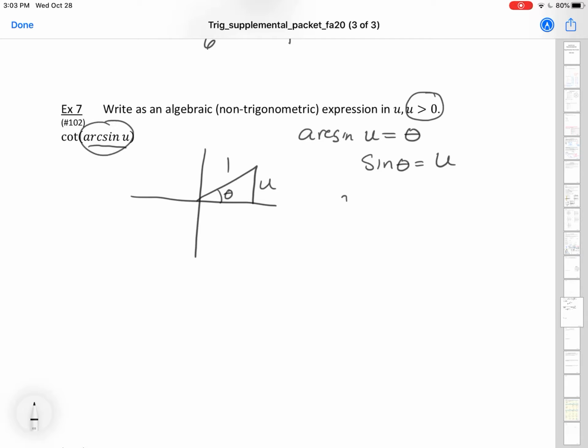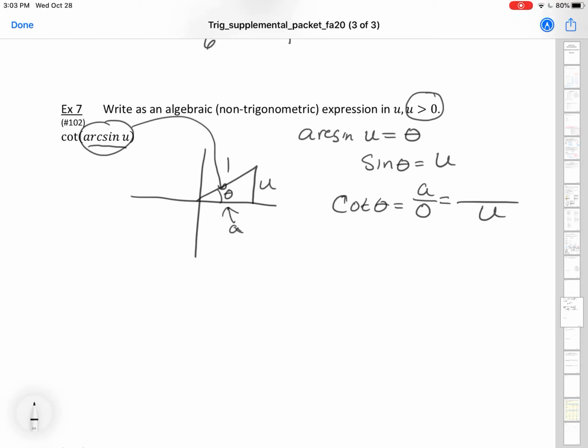Because what arcsine does is it produces this angle that we'll never know. But we don't need to know it because we know its sine is u over 1. And so we know that the cotangent of this angle that we want to find is adjacent over opposite. So we already know that it's something over u. The question is, what's this adjacent side?